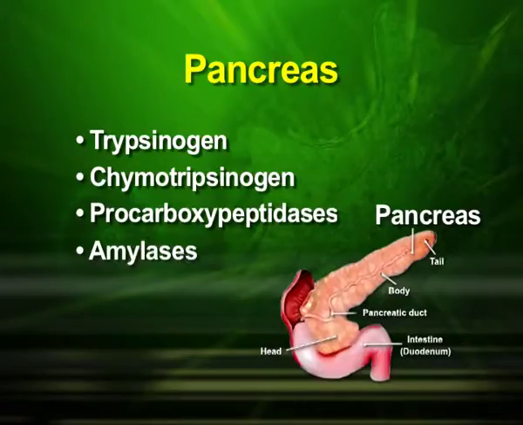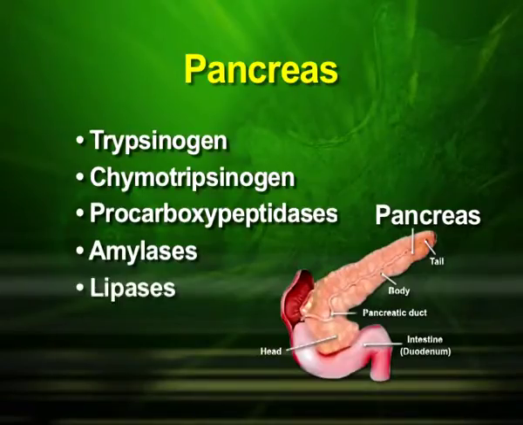Coming to trypsin, which is the active form of trypsinogen, it will of course act on proteins. The amylases, you already know about salivary amylase, and now you know about pancreatic amylase. It will act on starch and will convert it into carbohydrate. Lipases, as the name indicates, act on lipids or fats.